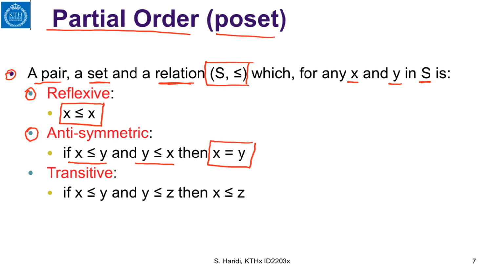That is anti-symmetry. And then we have transitivity, which says if x is less than y and y is less than z, then x is less than z in the partial order. So the pair x, z is also an element of that relation.